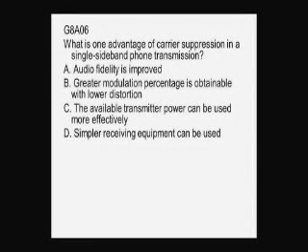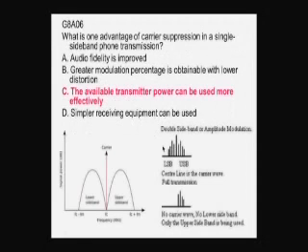What's one advantage of carrier suppression in a single sideband phone transmission? If we take a look at our single sideband, as we've done before, you'll remember that we generated two sidebands, and then we took out the carrier because we didn't need it. It contained no information.